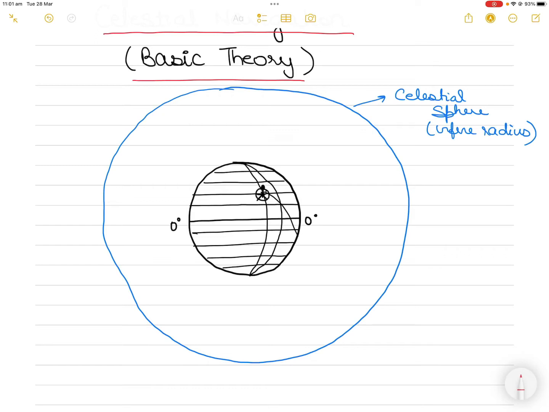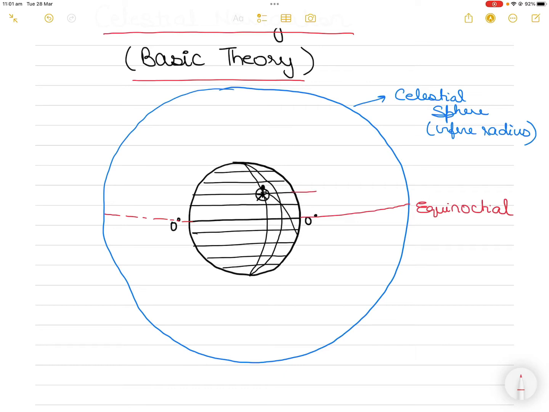For example, the equator is projected onto the celestial sphere and called the equinoctial. The latitudes and the longitudes are also projected onto the celestial sphere.